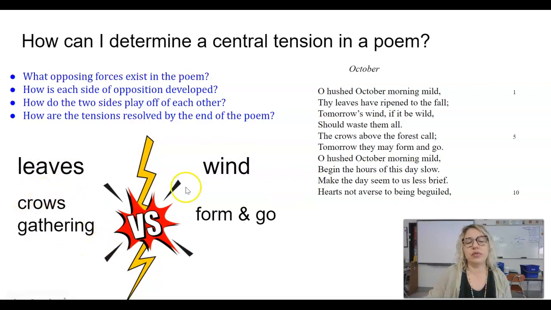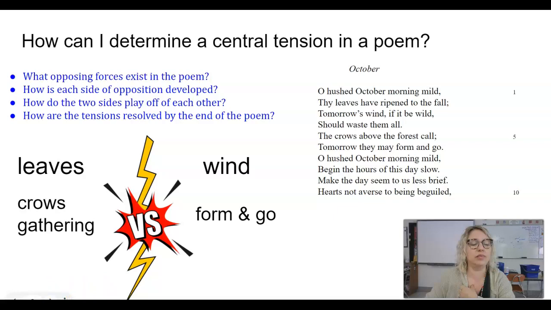Also the crows. We can see this starting in line 5, the crows above the forest call, tomorrow they may form and go. So the crows gathering is working against this idea that they may leave. They're going to get together, but that's going to mean that they're then going to go and migrate. So we have some opposition working right there.